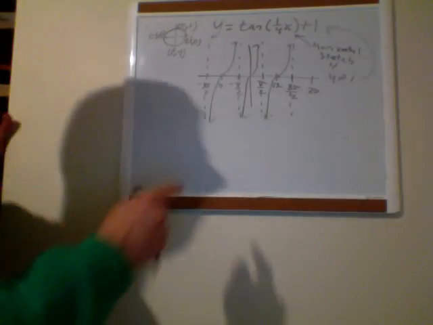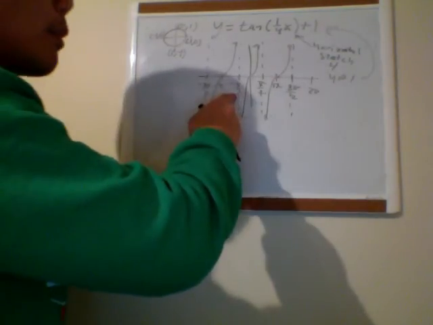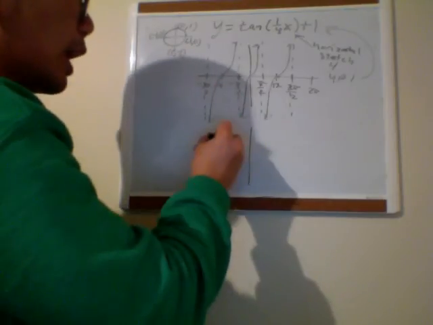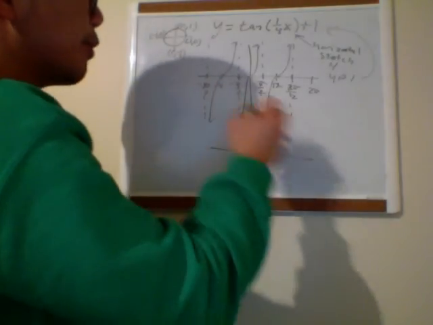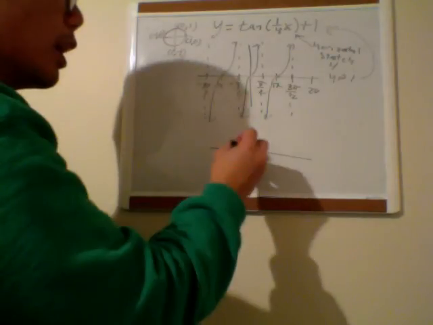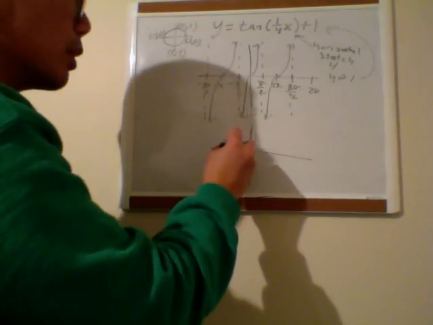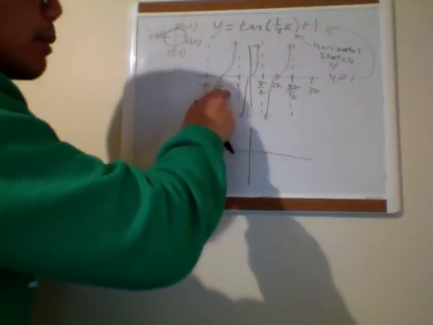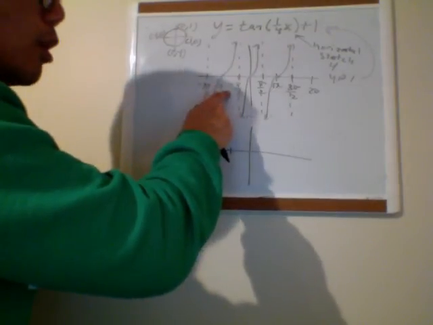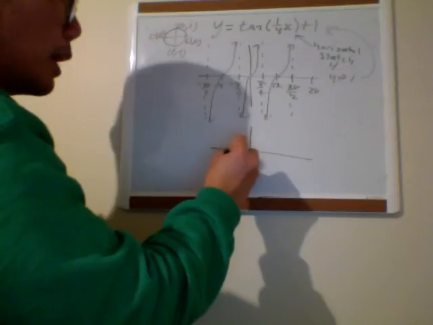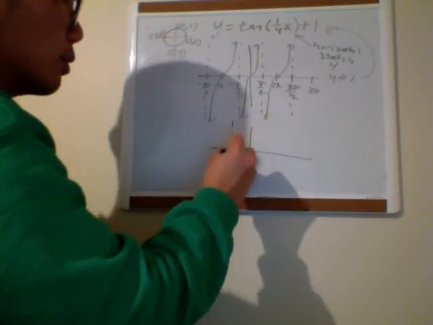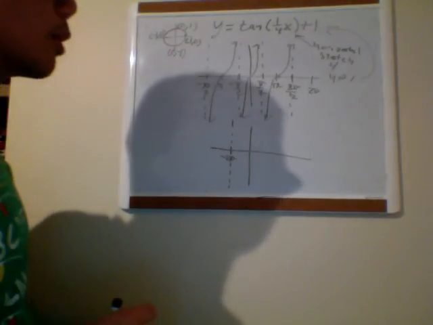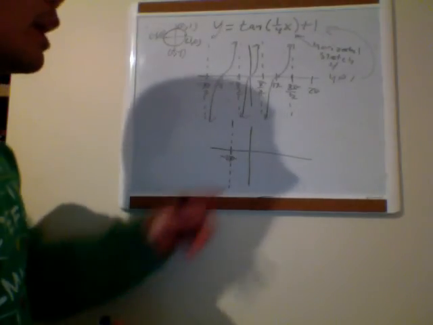Okay? So if I multiply negative pi over 2 by 4, my new asymptote will be at 4 times negative pi over 2, which is negative 2 pi. So I am going to make a vertical asymptote at negative 2 pi.